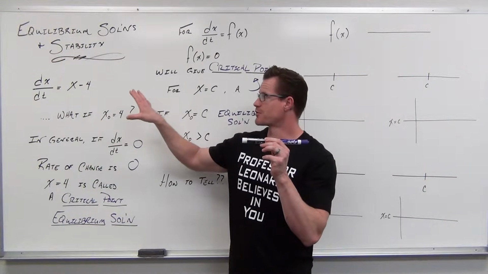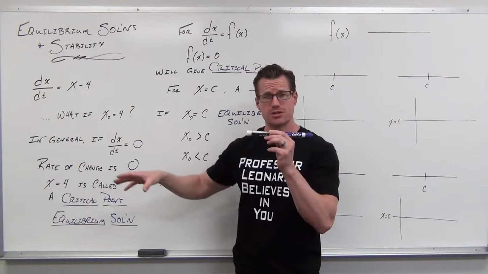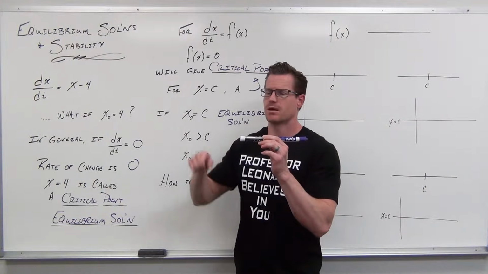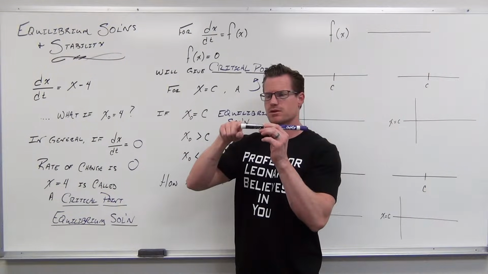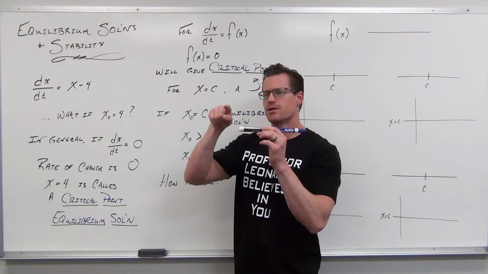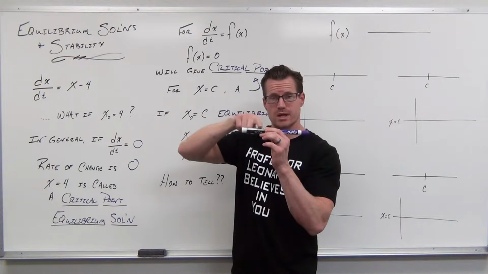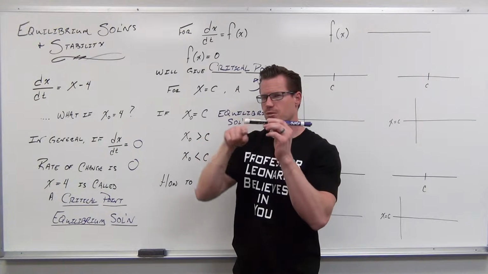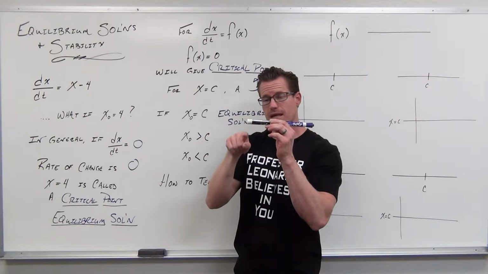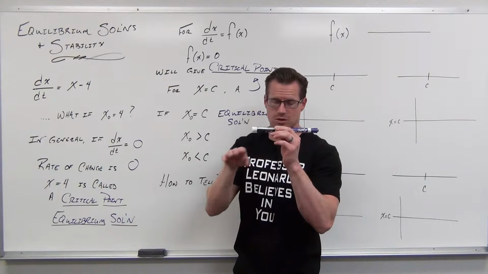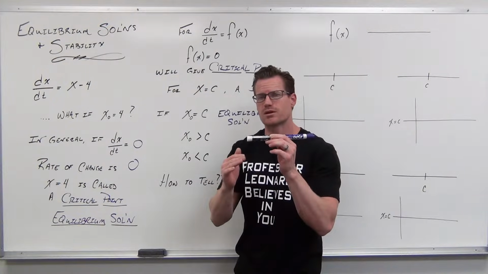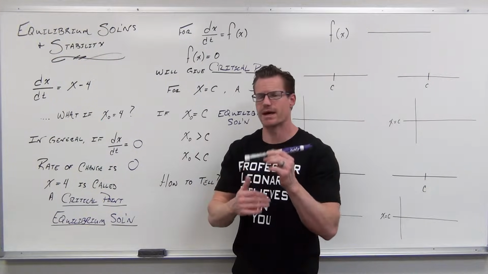I'm not talking about this one specific differential equation, but in general, here's what could happen. If we start above the critical point, either we explode forever or we shrink to c. If we start below that c, we either gain to c or we become extinct or go to some lower critical point. So we're either getting to or away from that critical point.